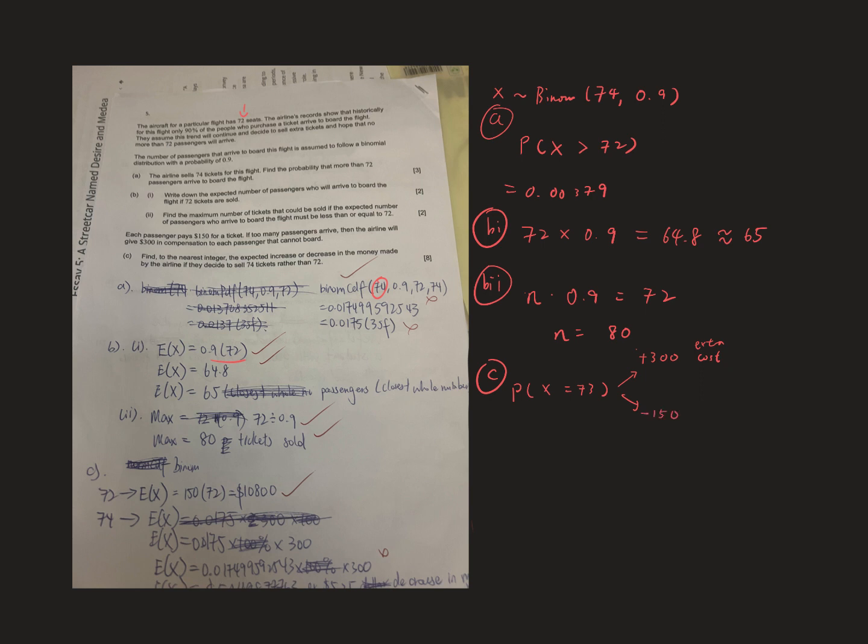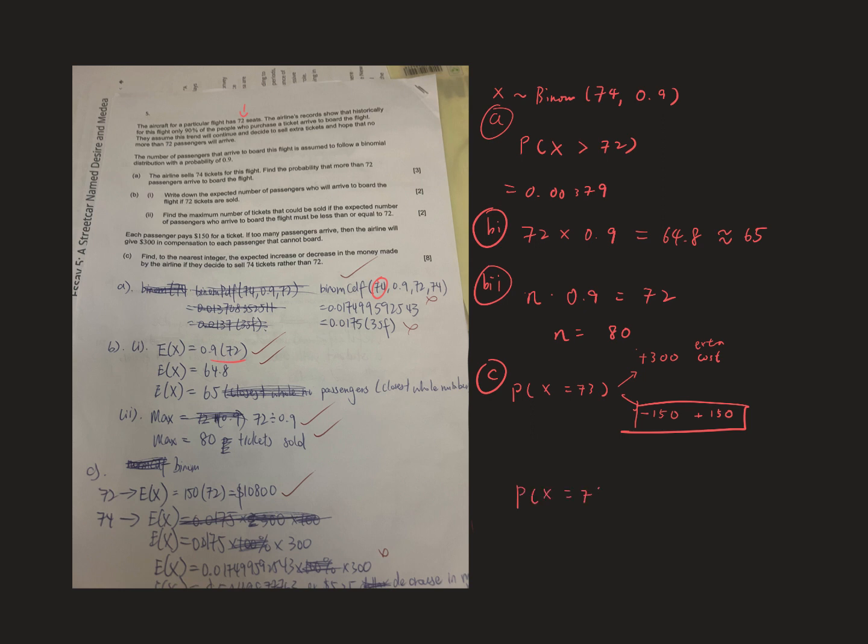At the same time, because one person hasn't arrived, we have to add back 150. So this cancels out: one has arrived and one didn't arrive.